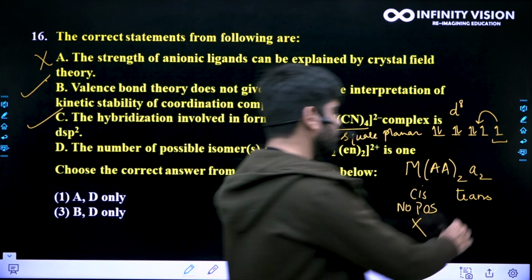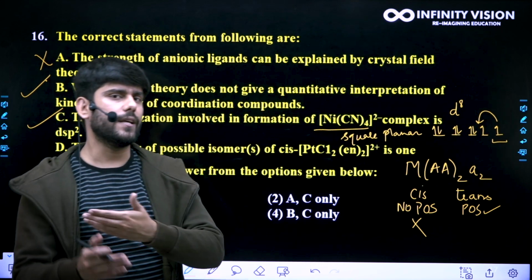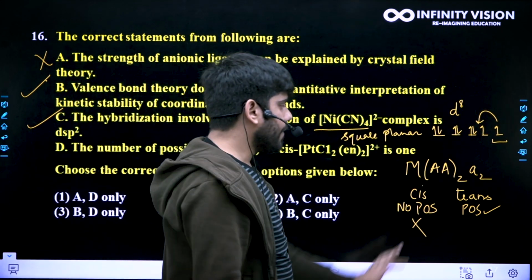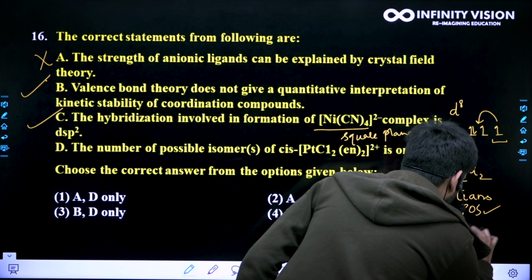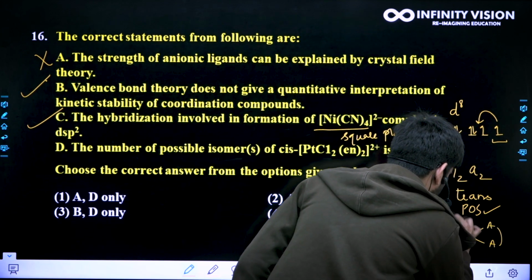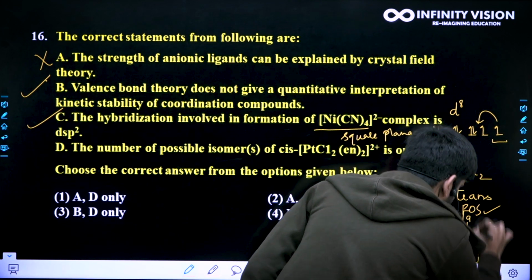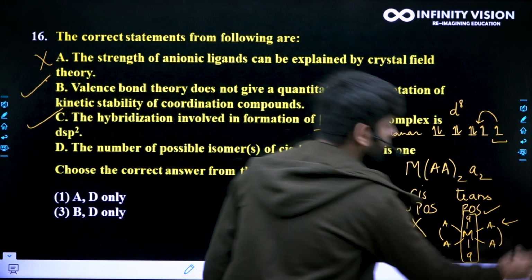In the case of trans isomer, obviously there will be a POS, right? You can say that there will be a slice cut. So there will definitely be a POS. Let me show you. So see, there is a plane of symmetry like this, or slice cut also.